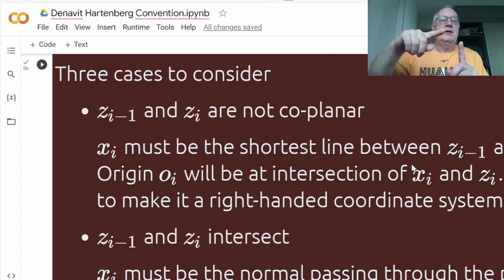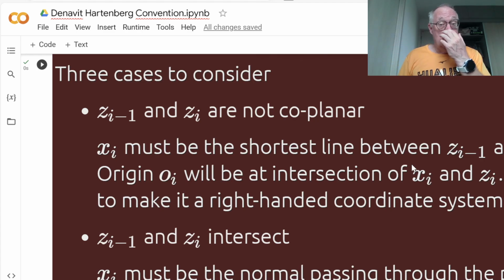That means if they're not coplanar, the only possibility I have for connecting those two is with the shortest line, the normal between z_{i-1} and z_i, and following along there. And that means we don't really have any choice. At that point, the origin O_i must be where x_i and z_i intersect.